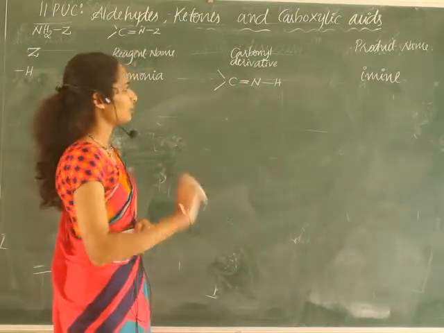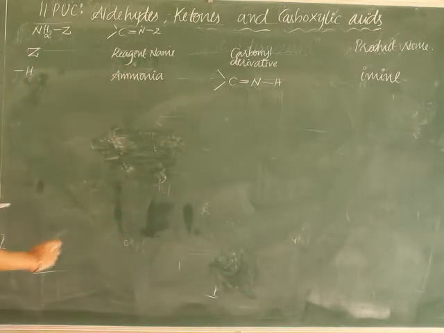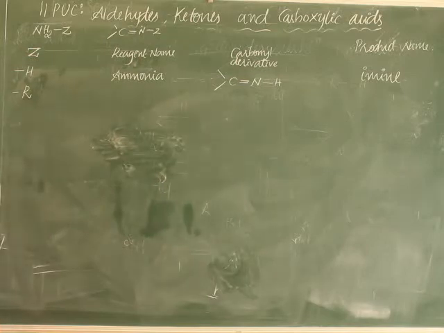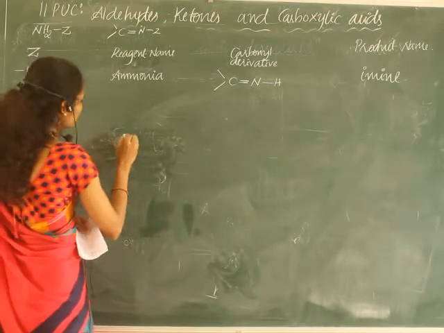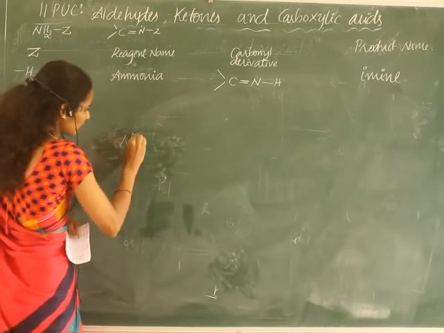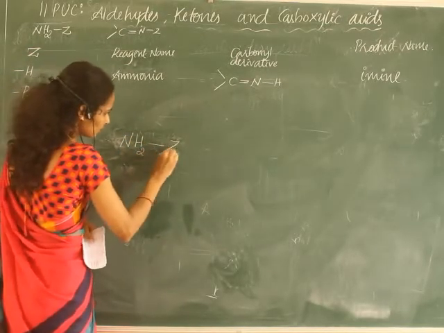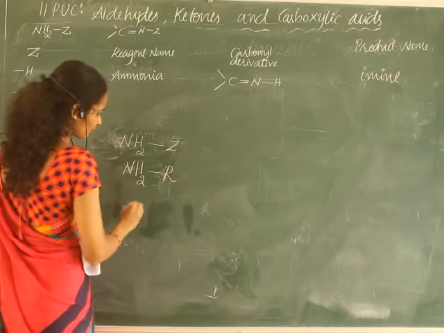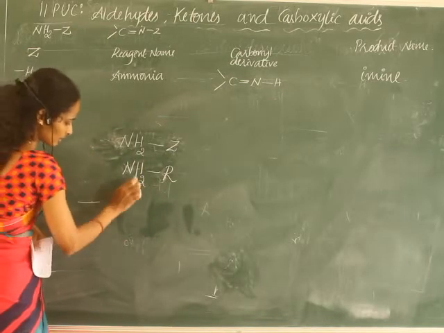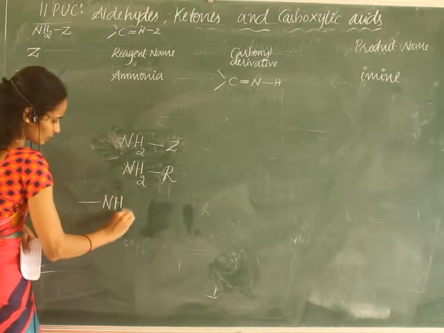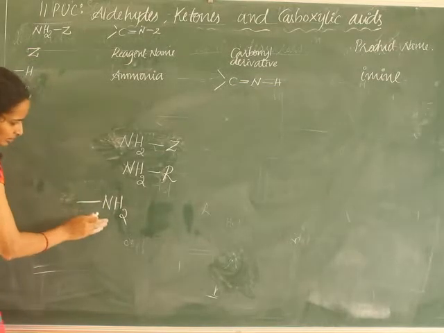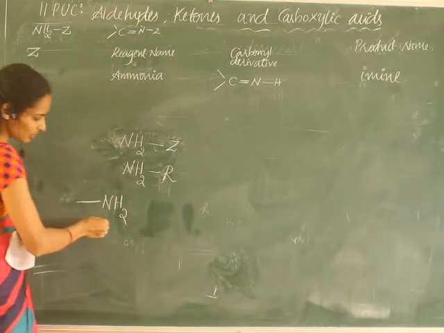Okay, imine. Next is, if Z is R. If Z is R, then see here, we know NH2Z. If Z is R, NH2R, R NH2 like this. Here R NH2, right, is called amine. Amine functional group it is.